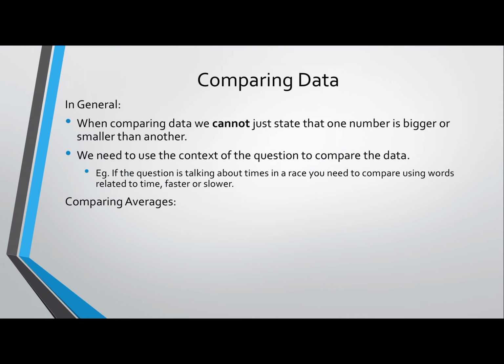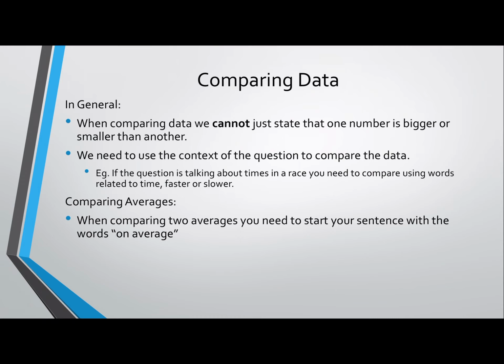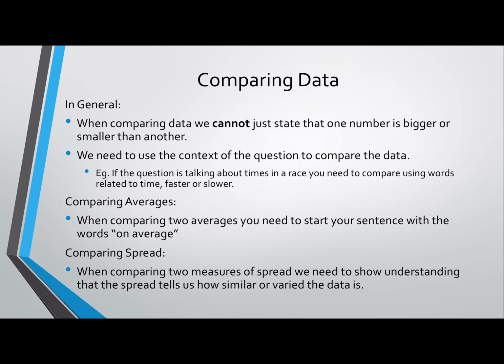So when we compare averages, when comparing two averages, we need to start our sentences with "on average", because we need to understand that we're talking about the average when we're doing it. And when we're comparing measures of spread, we need to show understanding that the spread tells us how similar or varied the data is.